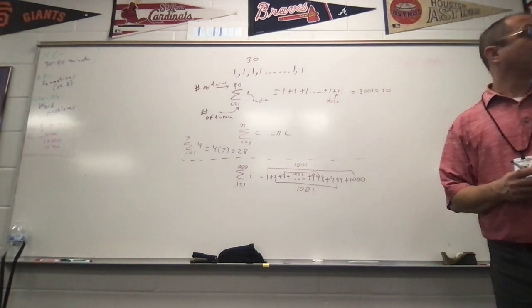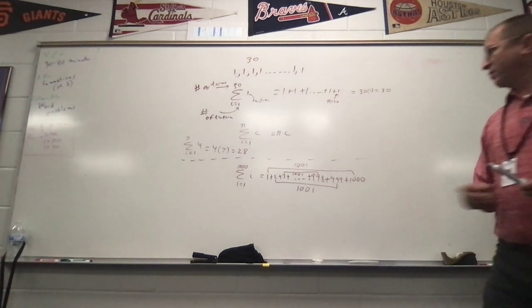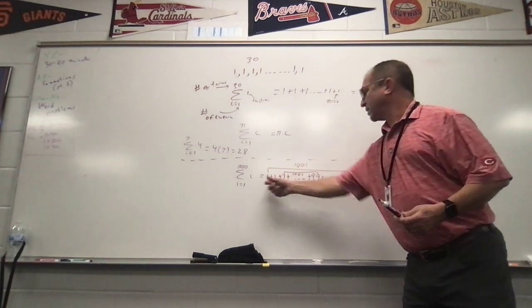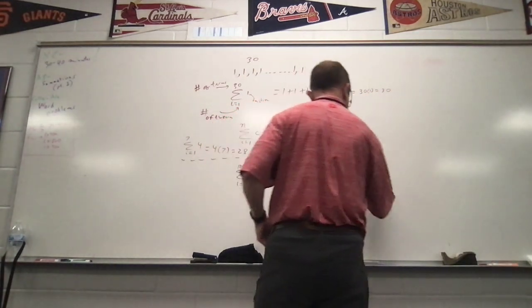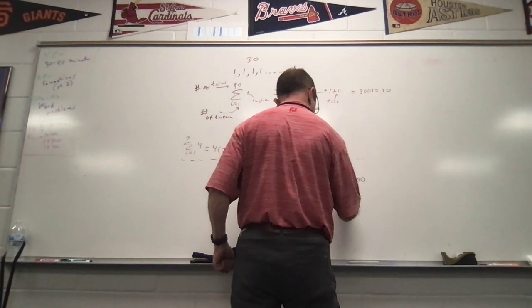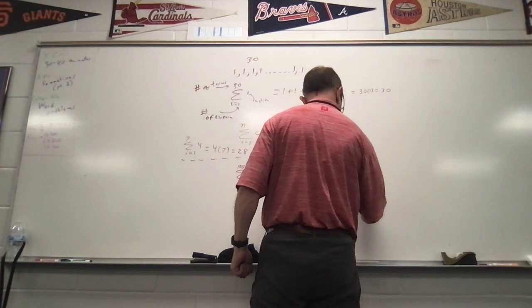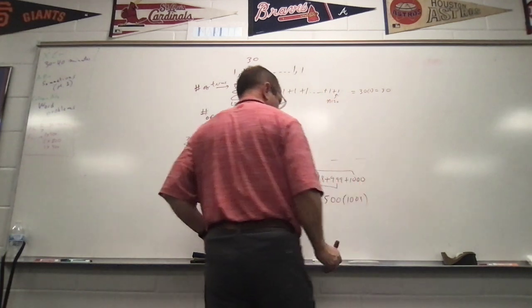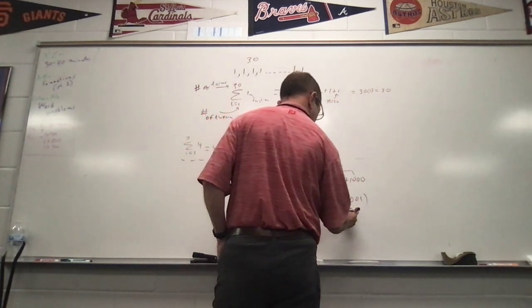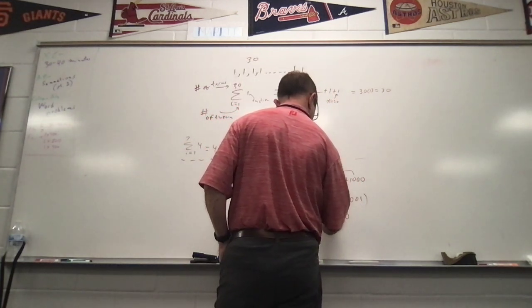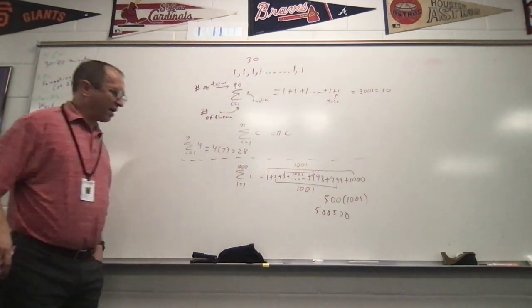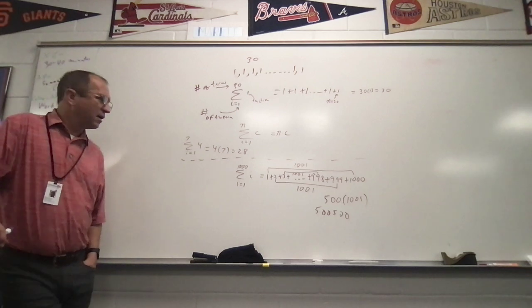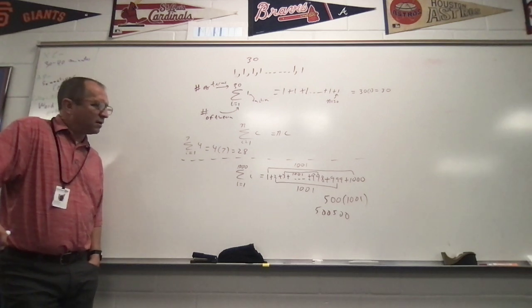It's 500, right? If you've got 1,000 terms, and each time we're taking out 2, so there are 500 of them. So to get this sum, we would actually say 500 times 1,001 to come up with the answer. So we would come up with 500,500 as our solution here.